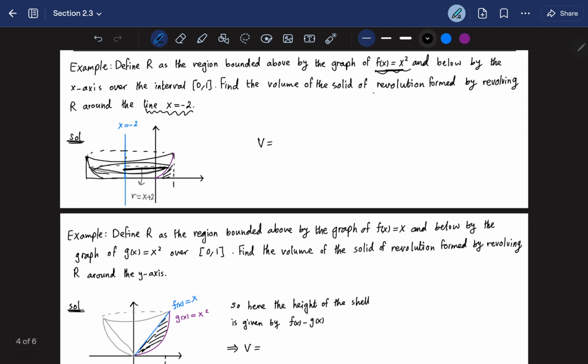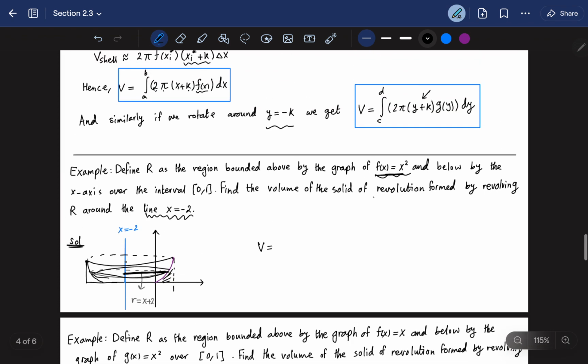Oh sorry, this is not x squared. This is like a distance x, right? Because you're moving along the x-axis. So from 0 to x, this is just x. So this whole distance is just x plus 2. So this is where the x plus k comes from.